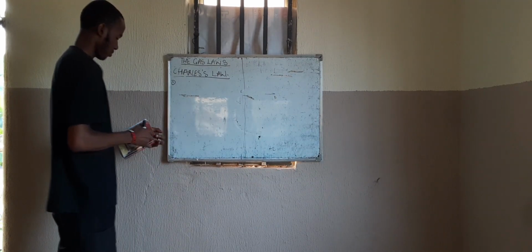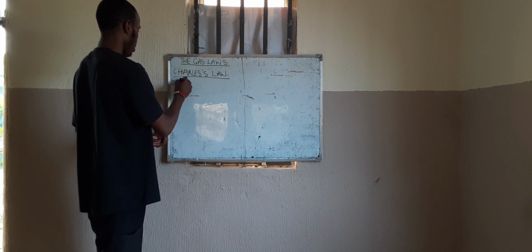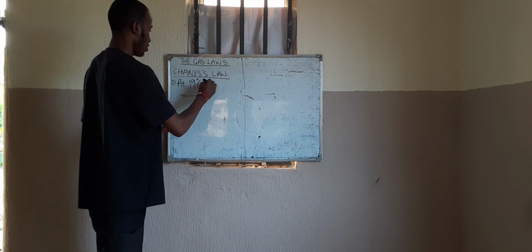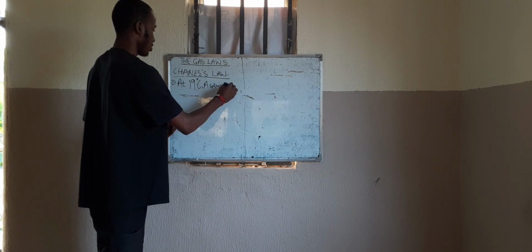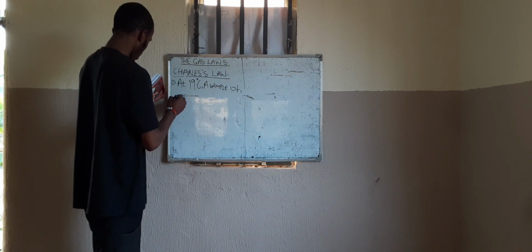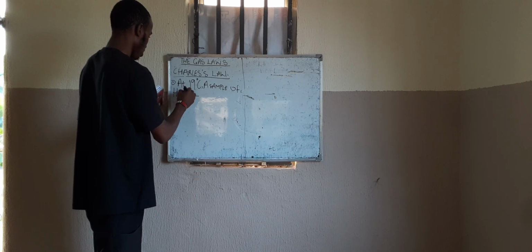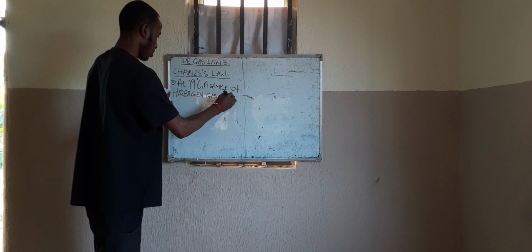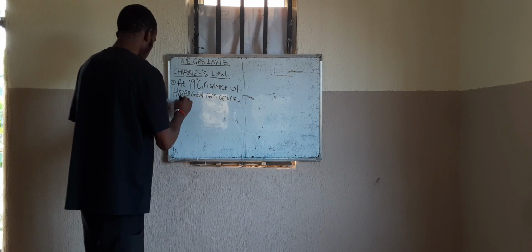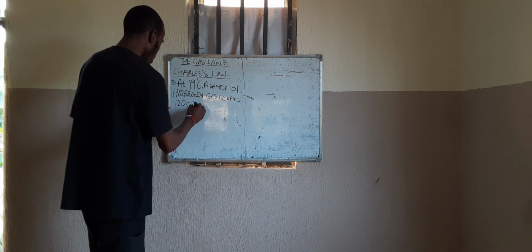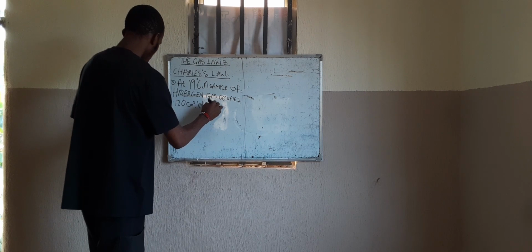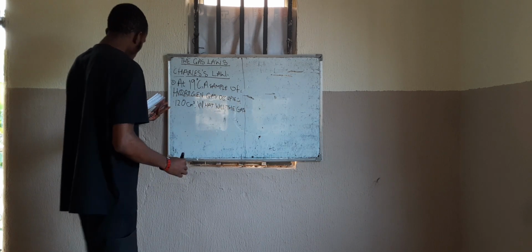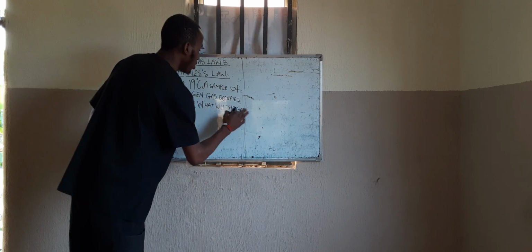So let's get a question on Charles' law. At 19 degrees Celsius, a sample of hydrogen gas occupies 120 cm³.